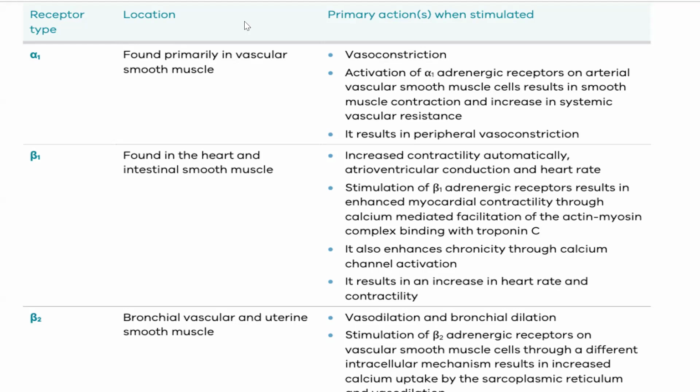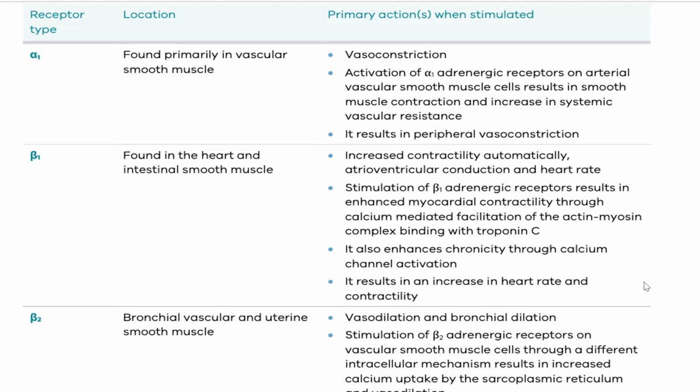Thank you. So alpha 1 is primarily found in the vascular smooth muscle, and usually when they are stimulated, they tend to bring about vasoconstriction, and that also contributes to your afterload and thereby affects your blood pressure.